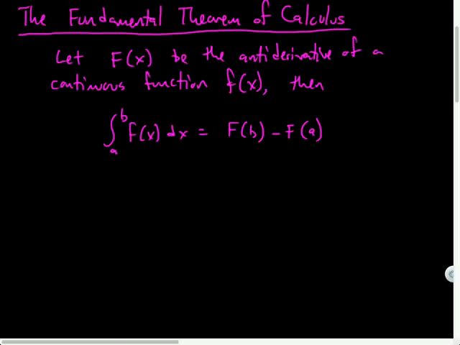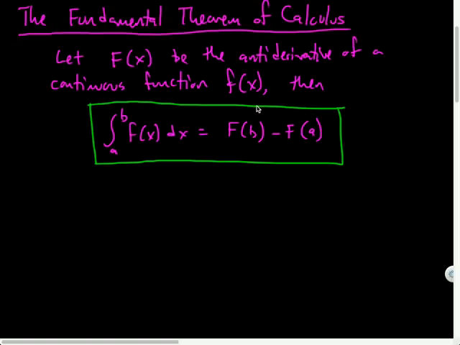Is capital F of B basically what you get when you plug B into the antiderivative of f of x? You got it. Okay. So let's figure this out. Let's do an example and watch how awesome it is. Let's even do from 2 to 7, let's make it even a gross one, 2x cubed minus, let's say, 5x, dx.